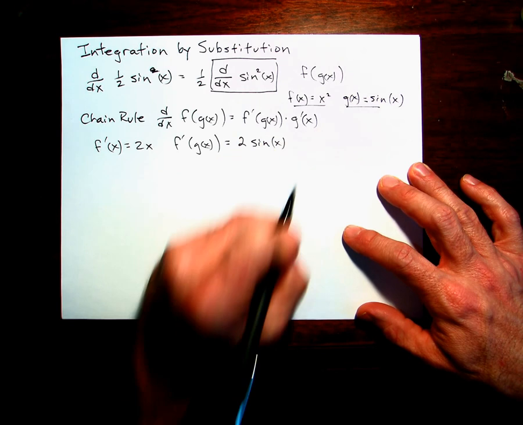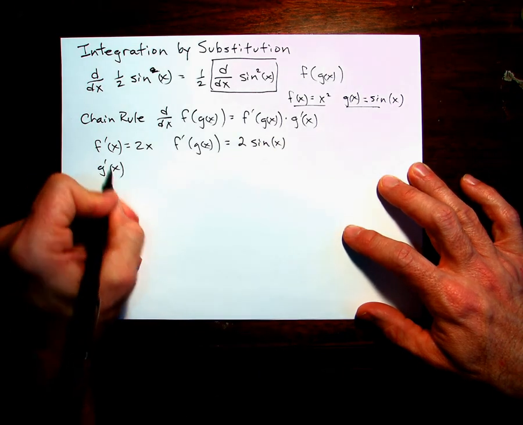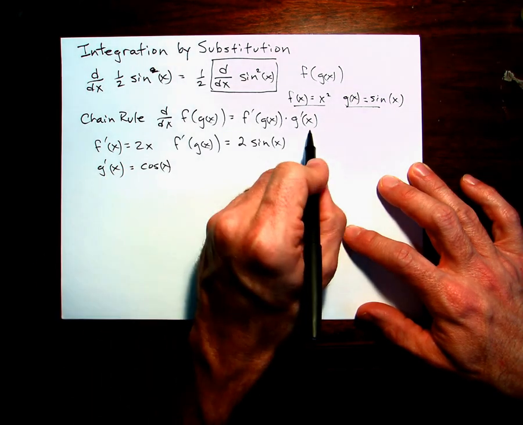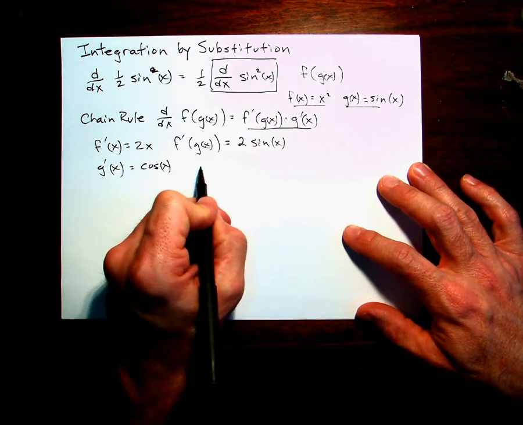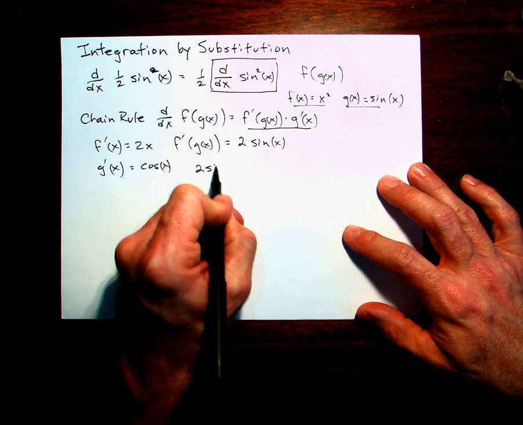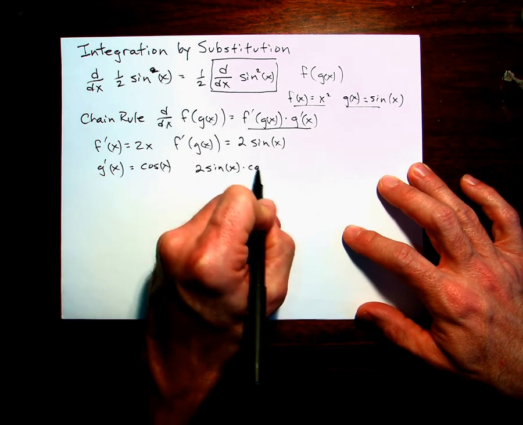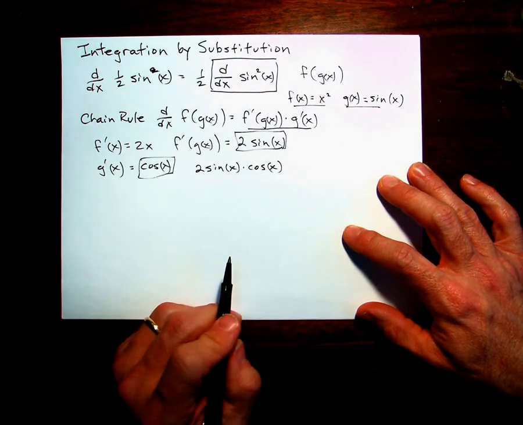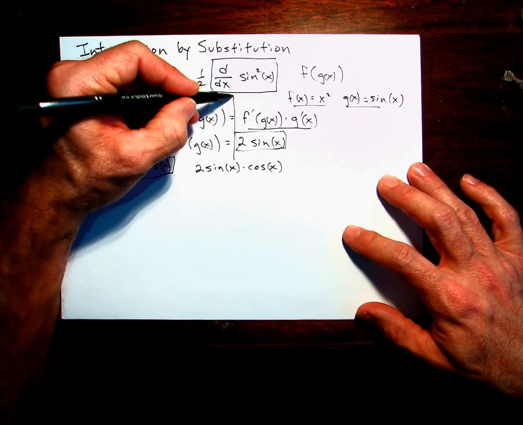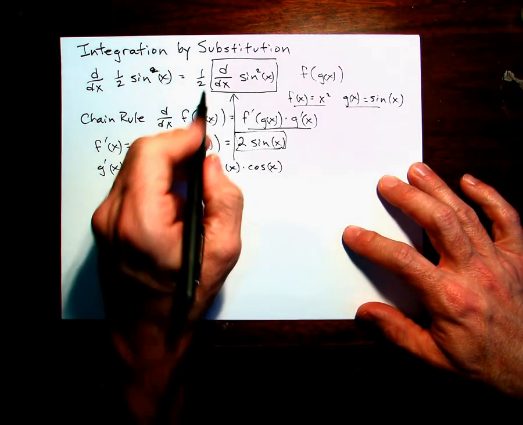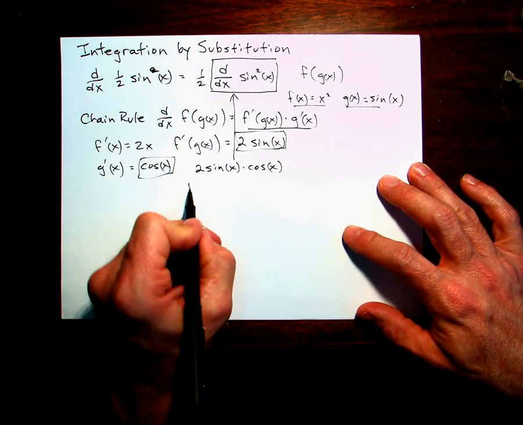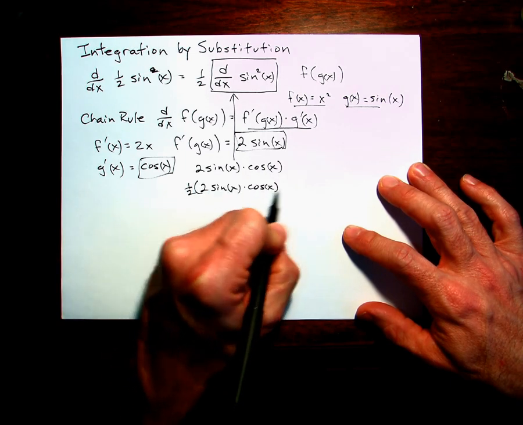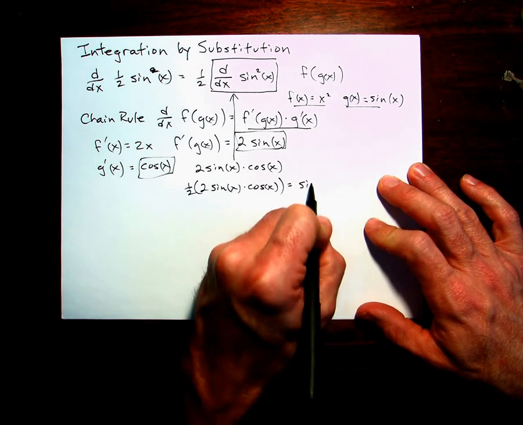And g prime, if g is sine of x, is cosine of x. Putting it all together, we get 2 sine of x times cosine of x. So that is that derivative. We wanted 1/2 of that, so we have 1/2 times 2 sine of x times cosine of x, and that just gives me sine of x cosine of x.